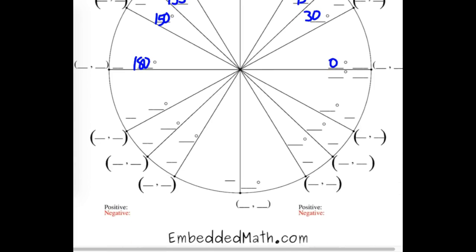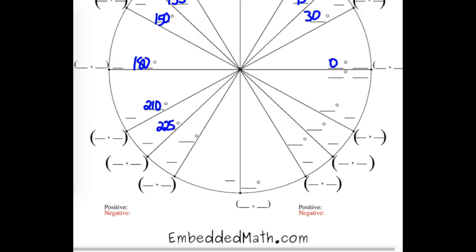Some people like to just go through all the 30s first and then fill in the 45s later, or do the reverse order. It doesn't matter. Some people just get them memorized along the way. All right? Doesn't matter to me. Our next chunk is 30 degrees more. So 210. This would be how many degrees more? Just 15 more for this one. So we're at 225.